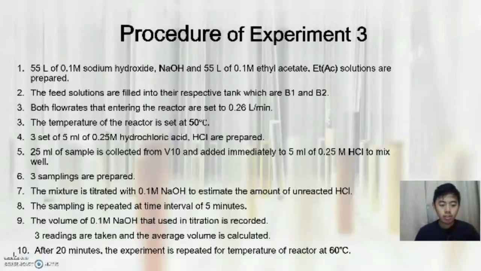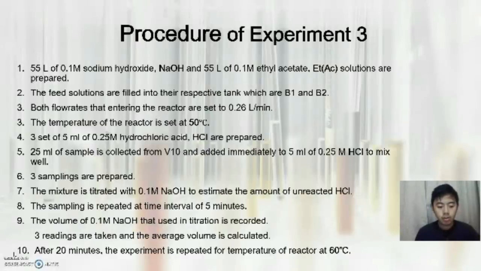Next, 3 sets of hydrochloric acid are prepared, and then a sample is taken and mixed with hydrochloric acid. The mixture is titrated with sodium hydroxide to estimate the amount of unreacted hydrochloric acid, and the sampling is repeated at a time interval of 5 minutes.